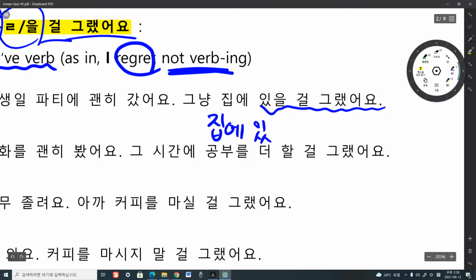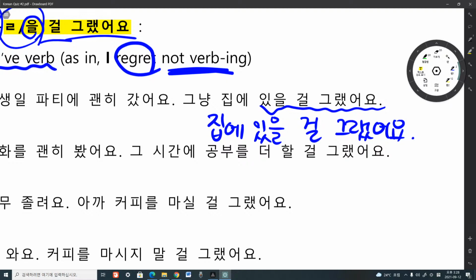Just stay home, right? And then you put the 을 suffix since the 있다 verb has 받침. 을 걸 그랬어요. 그냥 집에 있을 걸 그랬어요. I regret not staying home, as in I should have stayed home.